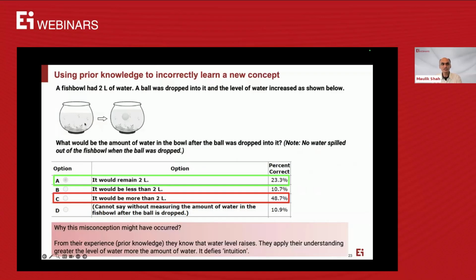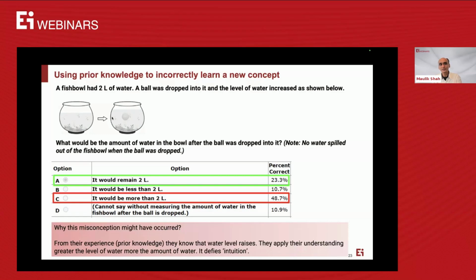Here in this question, the student is asked that when a ball is dropped, the water level has increased. They are expected to know whether the amount of water is the same or not. So when it is 2 liters of water in the earlier case, after dropping the ball, the container will also have 2 liters of water. Only 23.3% of students could get that. Most students said that it will be more than 2 liters of water now. Where is this stemming from?